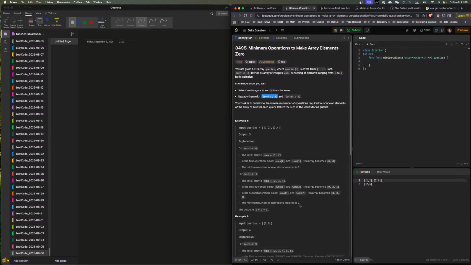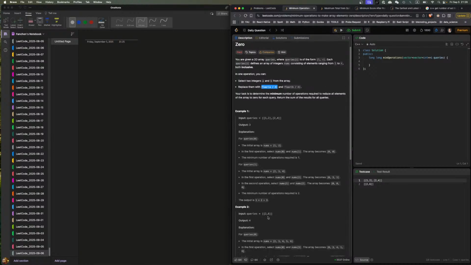The number of minimum operations required is 2. So 2 divided by 4, okay. It's like divided by 2 and then divided by 2. Is that the same as shifting 2 times? I think it is. So bitwise, you do right shift 2 times.